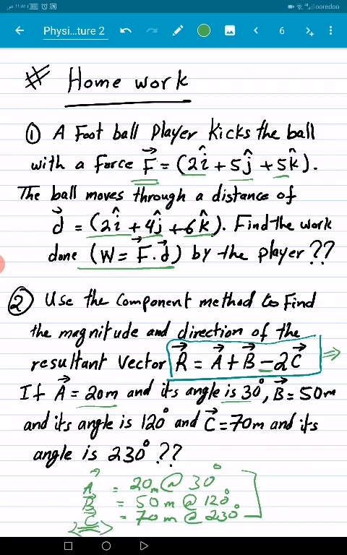The important thing in this question is C, and we check it next lecture, inshallah.